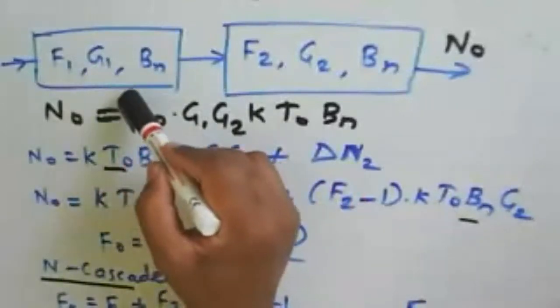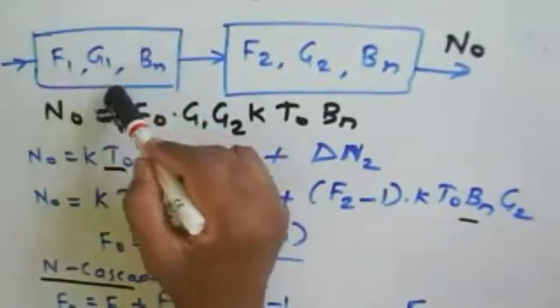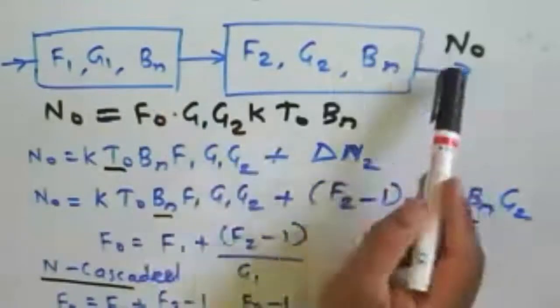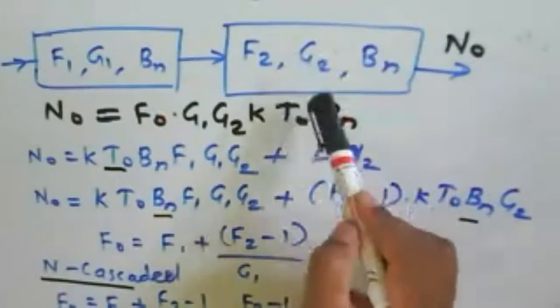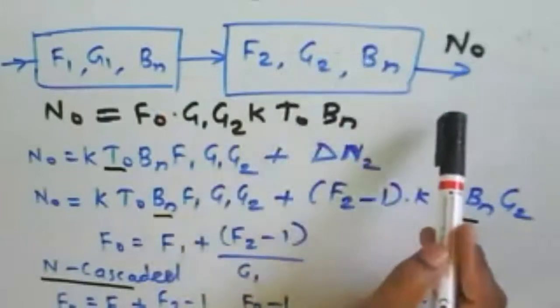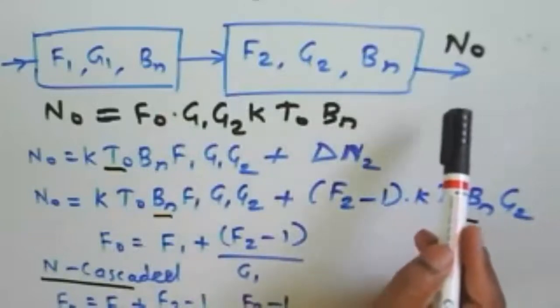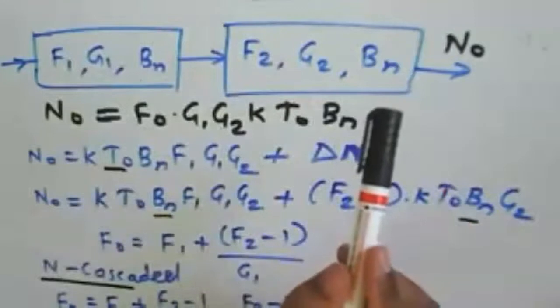What will be the temperature here? For example, for this particular element, there will be T1. So when we calculate the noise at the output of this particular network, while calculating the noise, the temperature of this particular network will be considered.